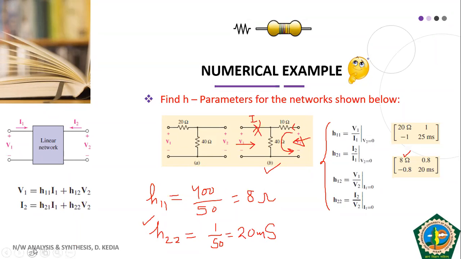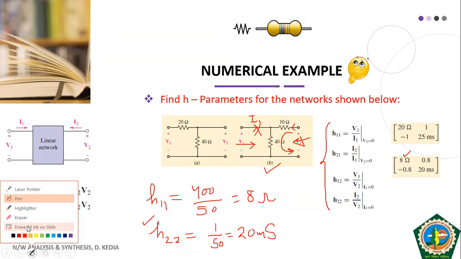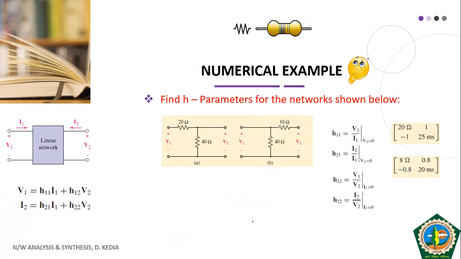Fine. Now let us find the remaining two parameters. That is H21, where V2 is 0, which means we short this. This is our I1 and this is our I2. As I told you in the previous example also, the direction of I2 will in actuality be taken as the reverse one, that is minus of I2.